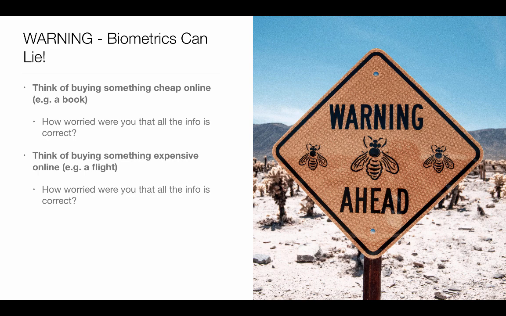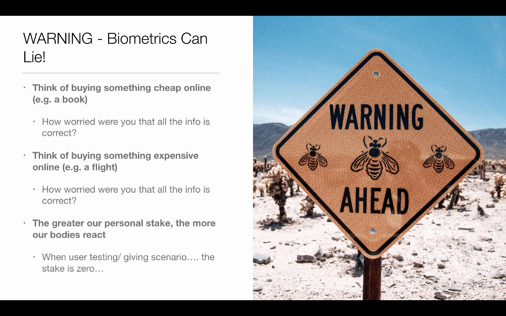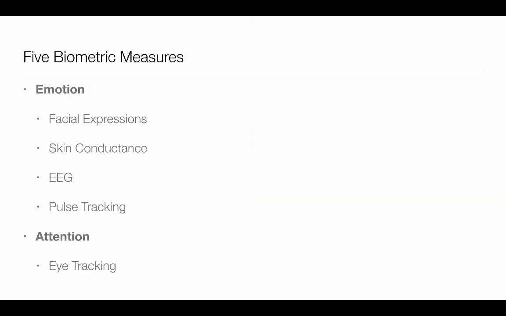Is your info correct? Have you entered things in the right way? So, the greater the personal stakes, the more our body reacts. It might be that the usability of the website is fine, and maybe you're just a bit scared. Maybe the situation calls you to feel in a certain way, so it's very bad if you take biometrics to be absolute truth. It's a very good indication, though, so you should definitely pay attention to it.